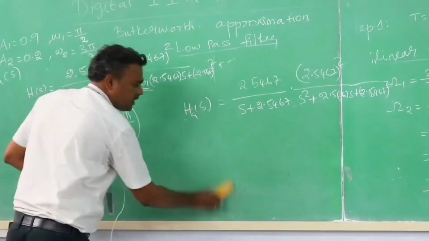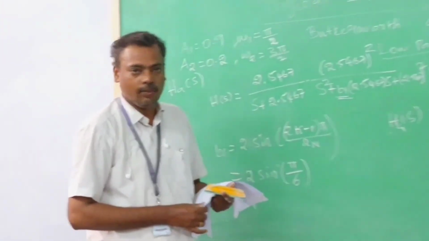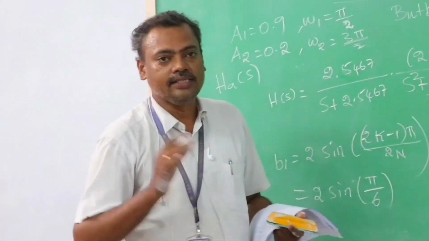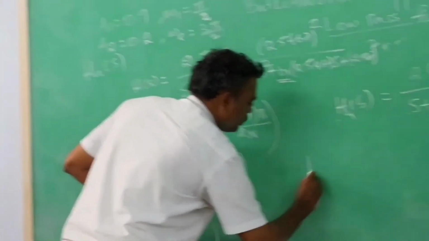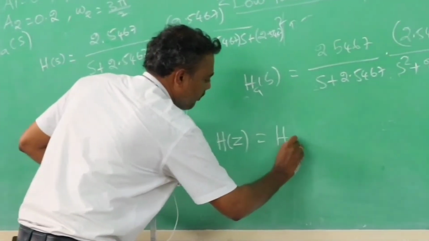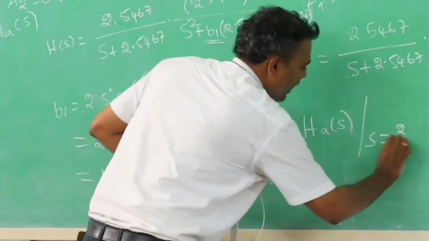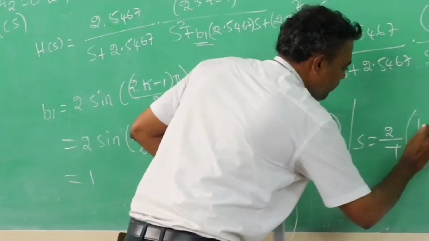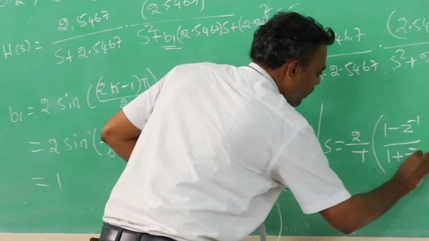Once we have designed this analog filter, it should be transformed into the digital domain. The same bilinear transform should be considered. In the bilinear transform, the digital filter H of z is determined from the analog filter H_A of s. The s should be replaced by 2 by T multiplied by 1 minus z power minus 1 divided by 1 plus z power minus 1.